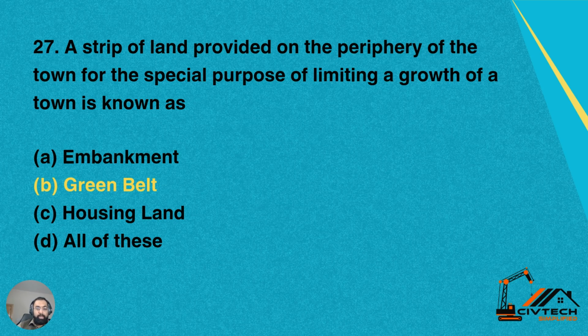Normally town planners, while planning a town, provide barren or open land at the periphery or border of the town so that the town does not grow beyond its jurisdiction in an unplanned manner. Therefore they provide a green belt or open space at the end of the town. So option B is correct, which is green belt.